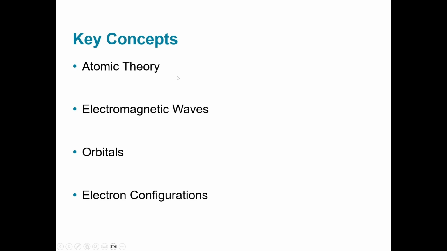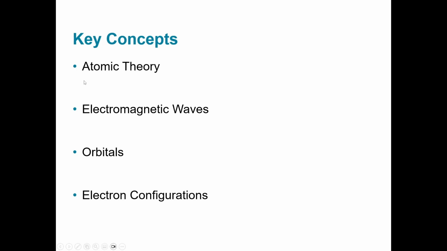So the big thing is we want to understand the atomic theories that are presented in today's class. We talked about a couple atomic theories presented by Dalton and Rutherford and other people in, I believe, Chapter 4. In this chapter, we're going to talk about a little more concrete theories that actually have good prediction powers.